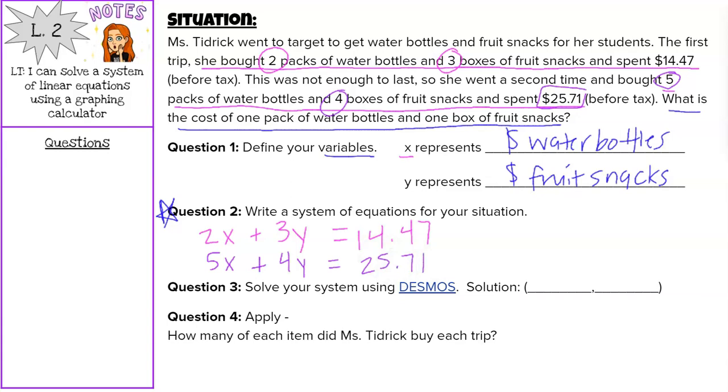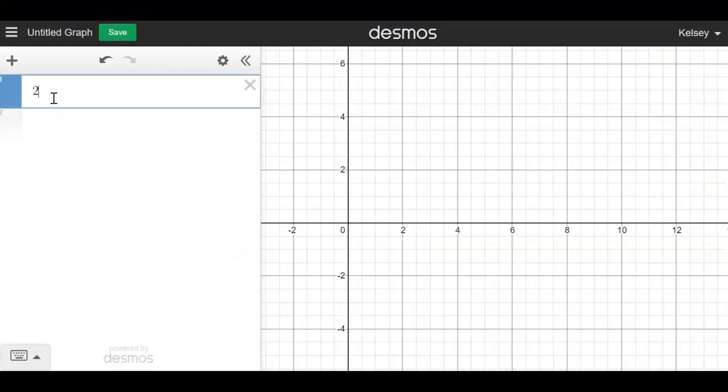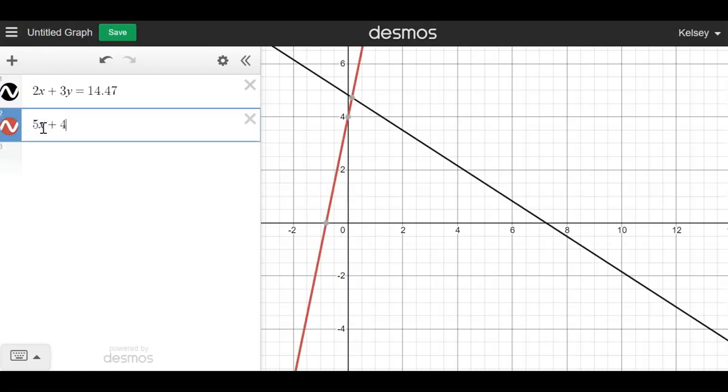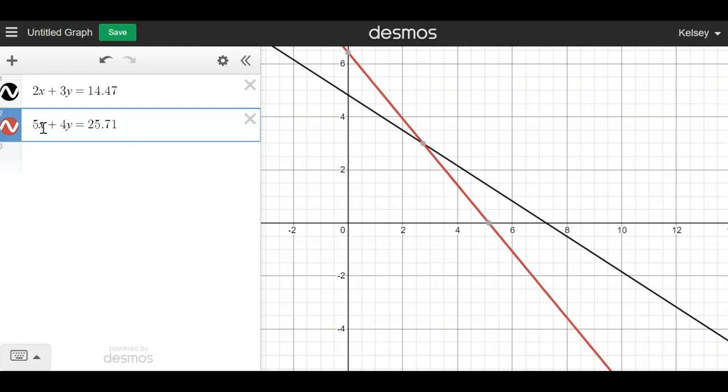So now that I have my 2 equations, I can solve my system. And we're going to use our online graphing calculator to help simplify the process. So in our graphing calculator, we're going to type our 2 equations. Our first one, 2x plus 3y equals 1447. And then our second equation, 5x plus 4y equals 2571.